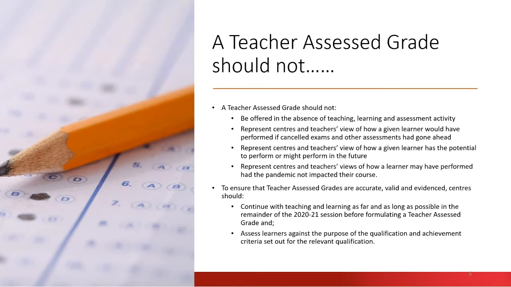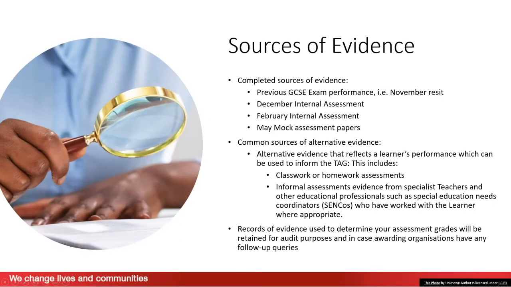And we're making sure that we assess learners against the whole purpose of the qualification and the achievement criteria. That's about making sure we cover all of the content for the qualification, and we're assessing students against key criteria. I'm now going to hand over to Helen, who will be talking a little bit more about the evidence that we will use for your students' teacher assessed grades and the timetable.